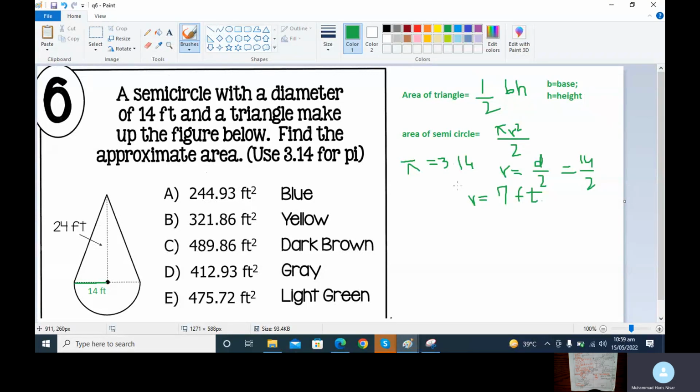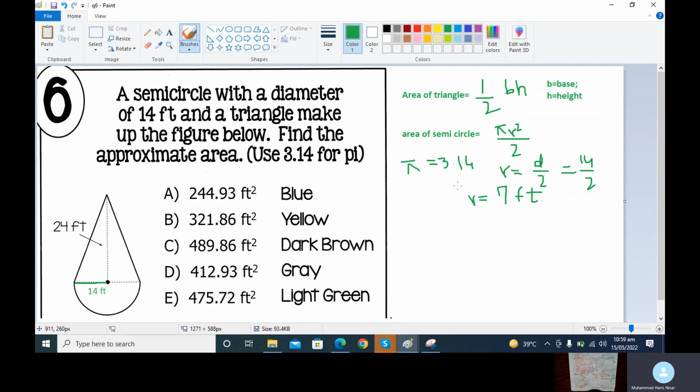I was saying that if I write d in place of r, that could happen in circumference, because in circumference you have 2 pi r, so you can write pi d. There's a difference between circumference and area. Please try not to mix them.